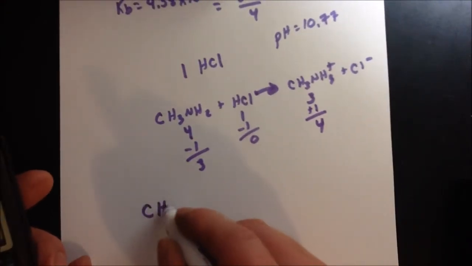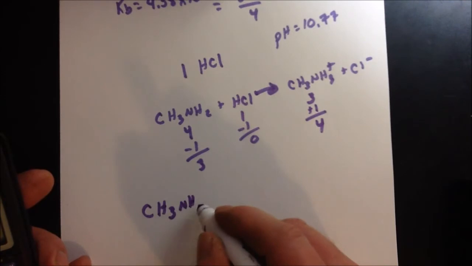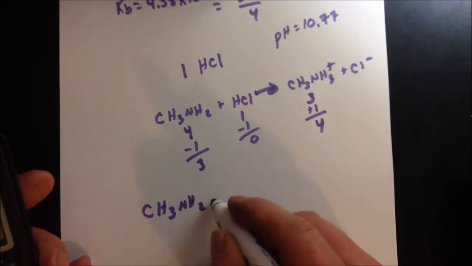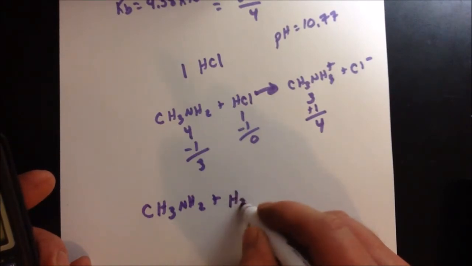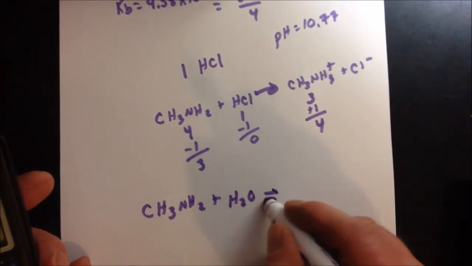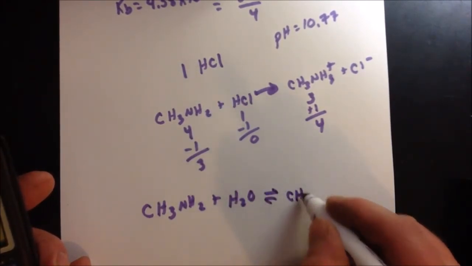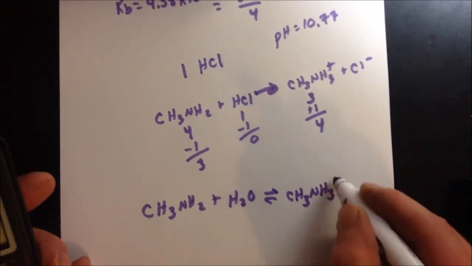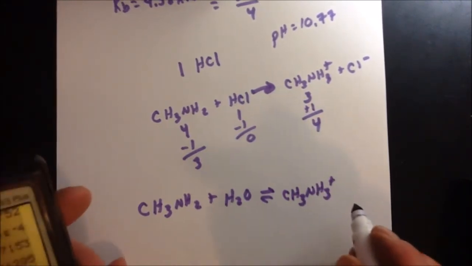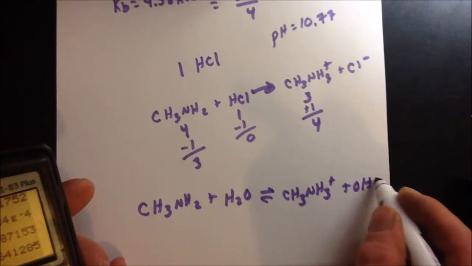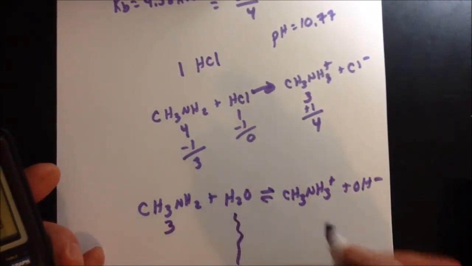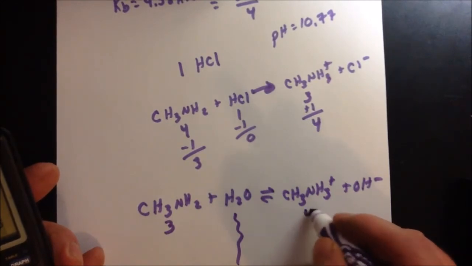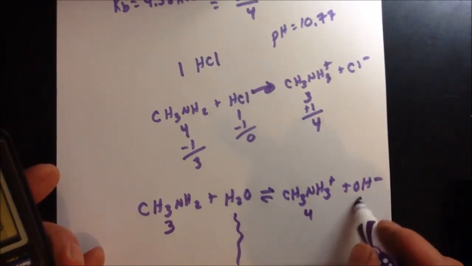And now, in order to solve that, I go to CH3NH2, back to my equilibrium now that I've done the stoichiometry, got my values, plus H2O, now equilibrium, CH3NH3 plus, OH minus, and the values here are 3, water, 4, and none.